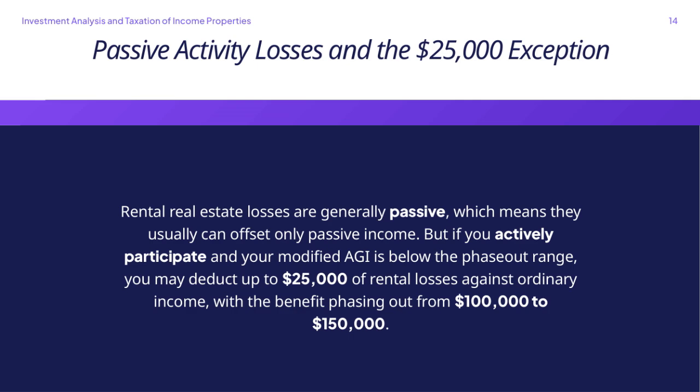This benefit doesn't last forever, though. It starts to phase out once your AGI hits $100,000 and completely disappears by $150,000. This exception is key to understanding how rental real estate investments can affect your overall tax situation.